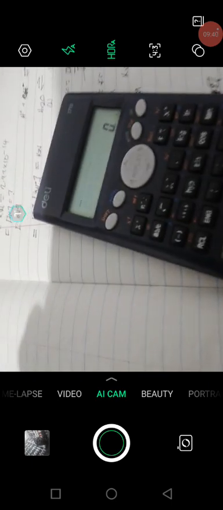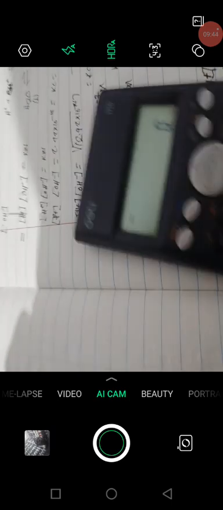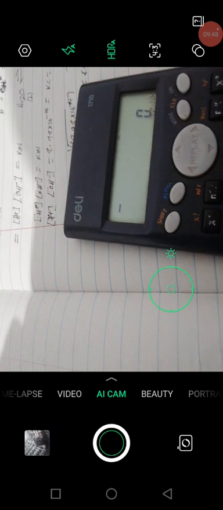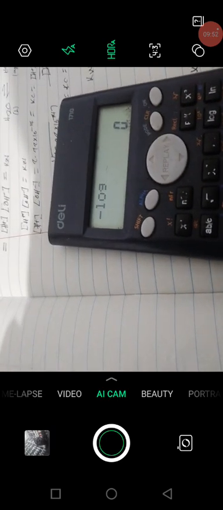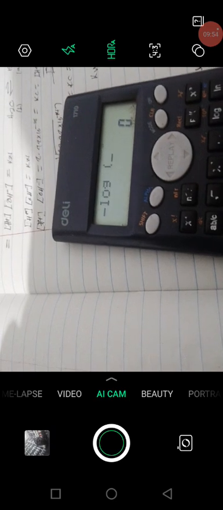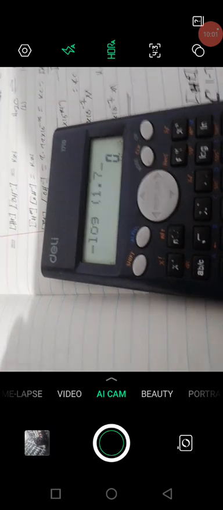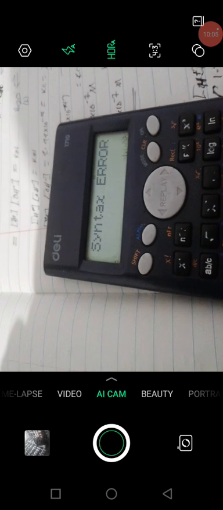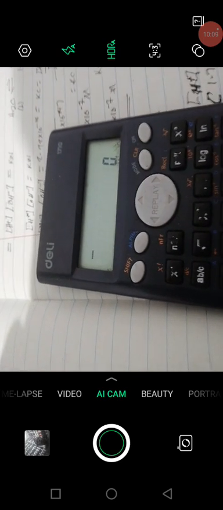So try to punch again. You say negative log, open brackets, 1.7 exponential negative 7. A bit sorry in terms of calculations. Yeah.